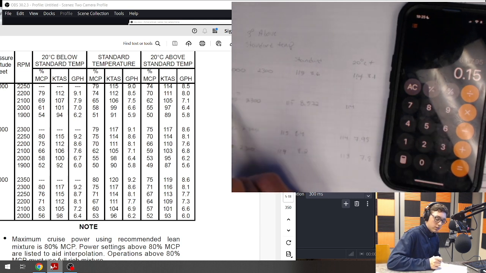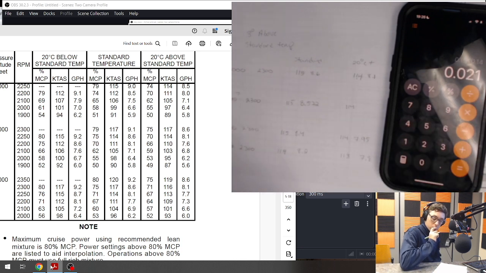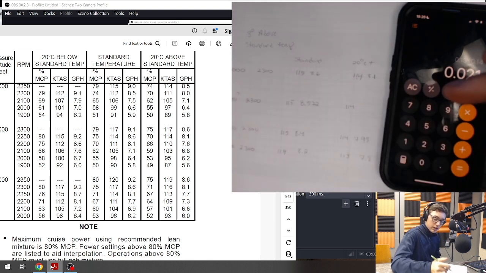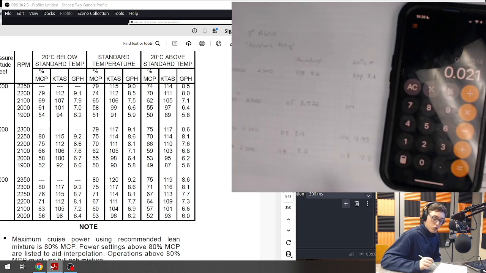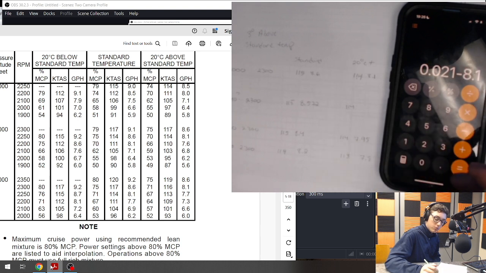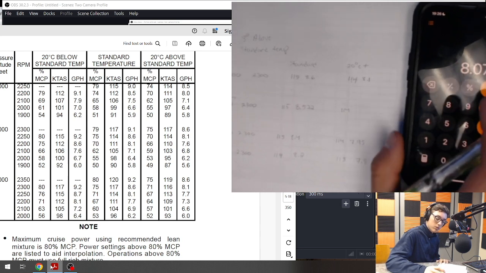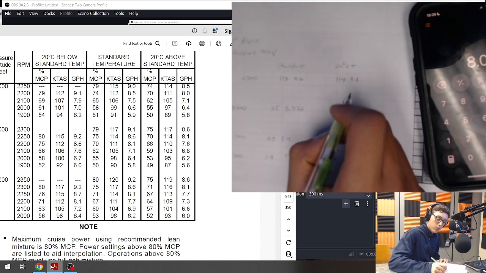Because from 6,000 to 6,140 feet, out of the difference of 6,000 to 7,000 feet, is 14%. So I do times 0.14, 0.021. I have to subtract that from 8.1 to get 8.07. I will just call it 8.08.